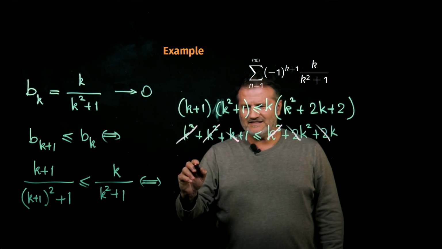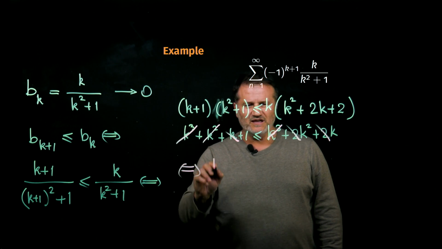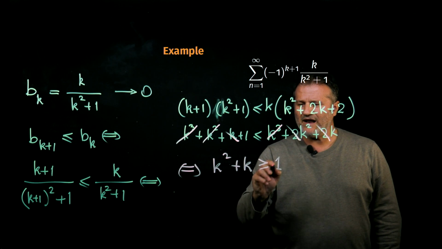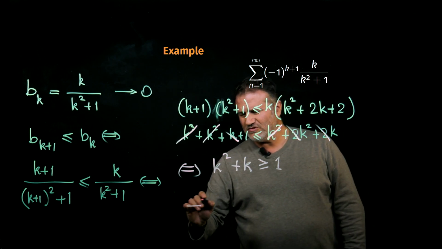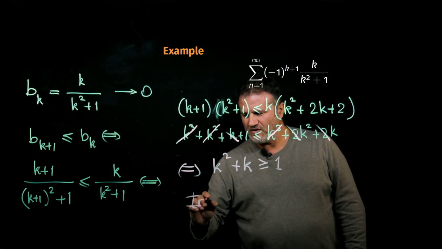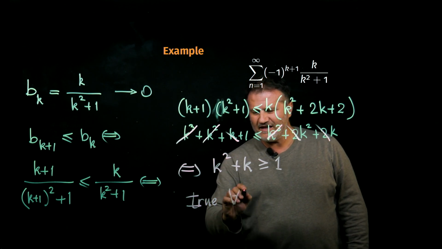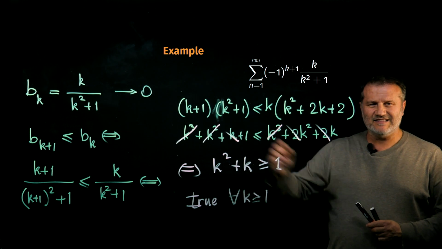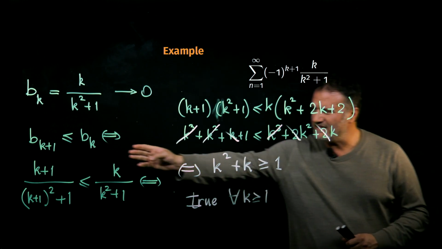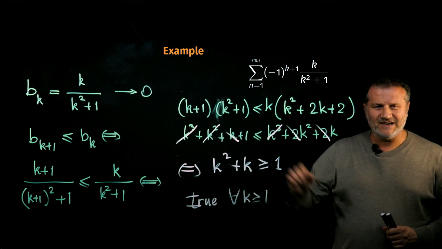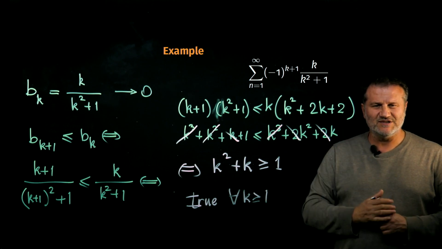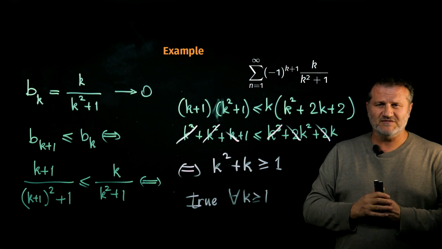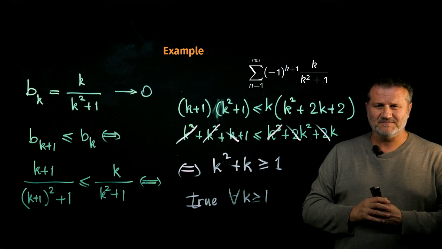So at the end, this is equivalent to k squared plus k greater or equal than 1, which is clearly true for every k greater or equal than 1. So the conclusion is that the inequality holds for k greater or equal than 1, and therefore the sequence is decreasing to 0. The series is convergent because of the Leibniz test.